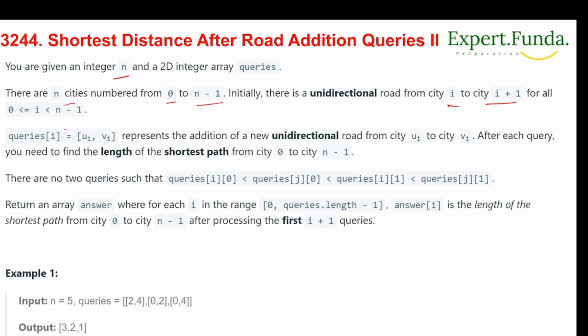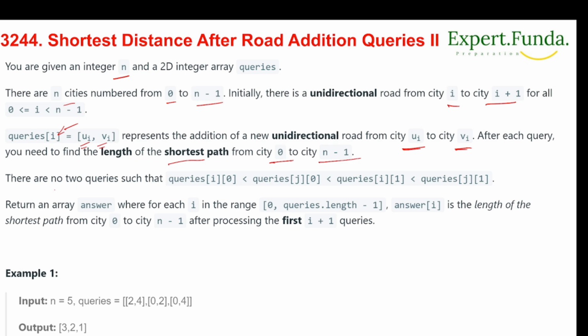Queries at i is ui and vi. It represents the addition of a new unidirectional road from city ui to vi. After each query you need to find the length of the shortest path from city 0 to city n-1.